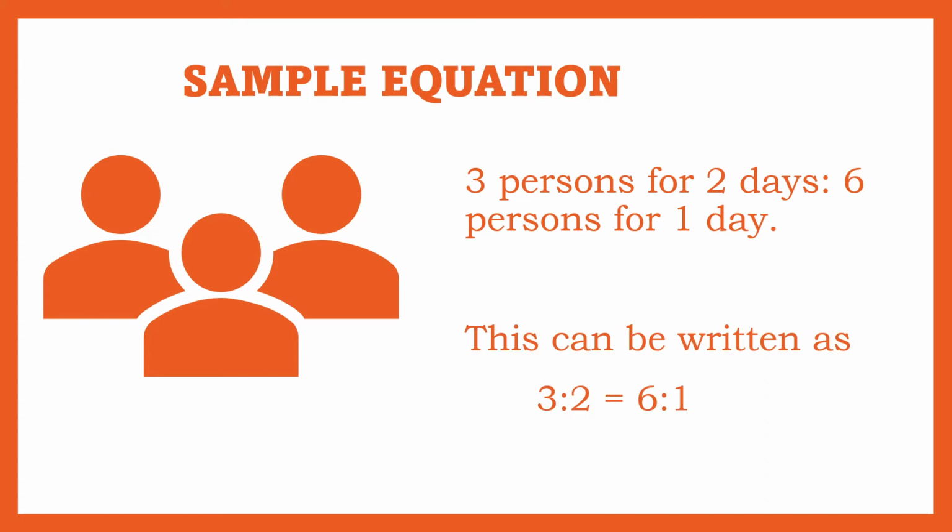This can be written as 3 is to 2 is equal to 6 is to 1. We can see here that the 3 persons increases to 6 persons, but the number of days decreases from 2 days to 1. So as the first variable increases, the other variable decreases. That is why it illustrates indirect or inverse proportion.